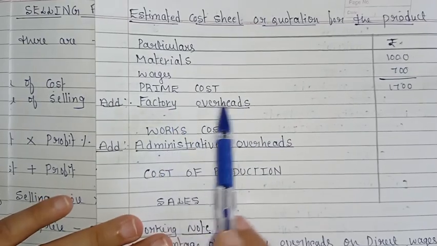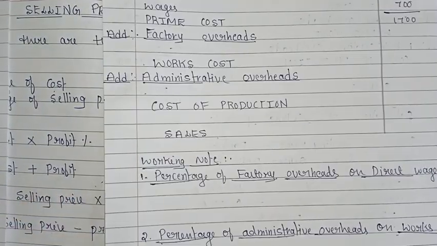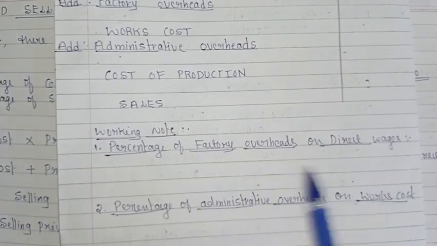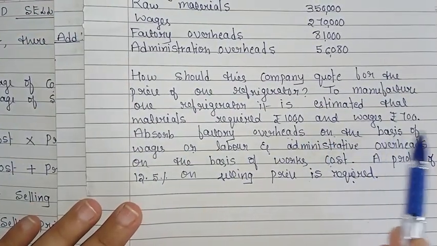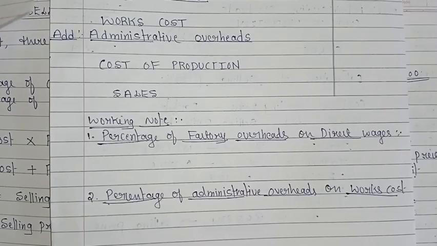Next, factory overheads. Now we have to calculate the percentage of factory overheads on the basis of direct wages, because here they said absorb factory overheads on the basis of wages or labor. Clear? How we have to calculate?